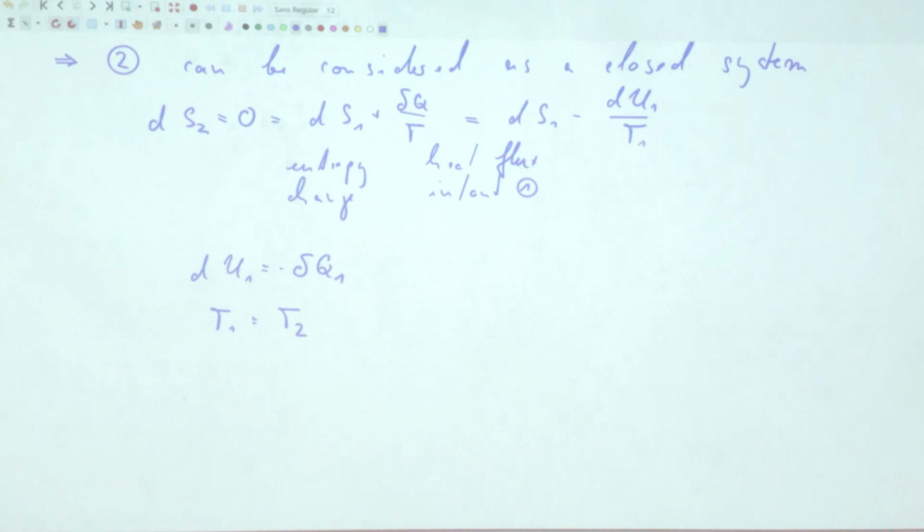So we come to the conclusion. We bring the T to the entropy, that T ds1, well, let's put it this way, becomes 0 in equilibrium.